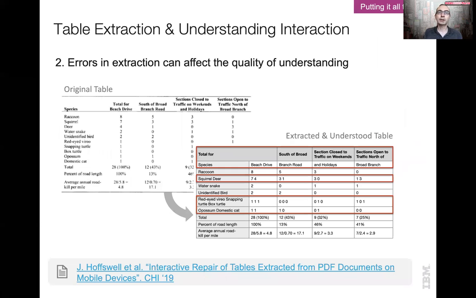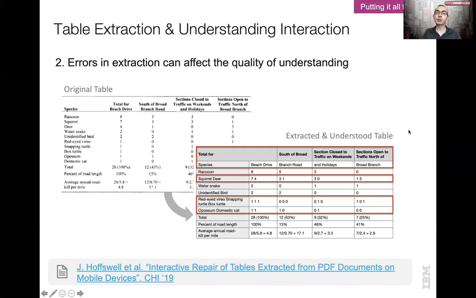The second point has to do with error propagation. Even the best table extraction algorithms may make mistakes. For instance, they may split cells, which is what happened with this total for each derived cell that was split into two different cells. Or they could merge cells. For instance, this is what happened with the squirrel and deer cells that were merged into one.